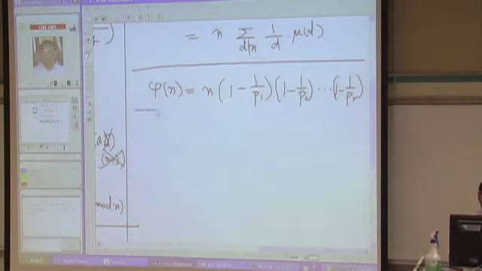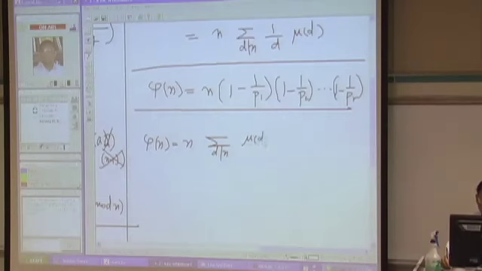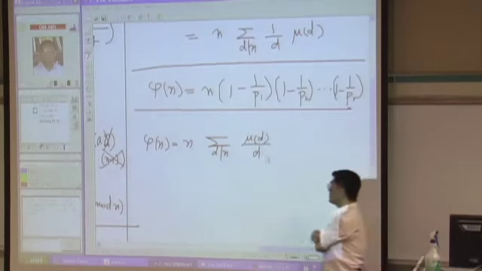Phi of n equals n multiplied by this thing. And this is the previous fact that we proved.